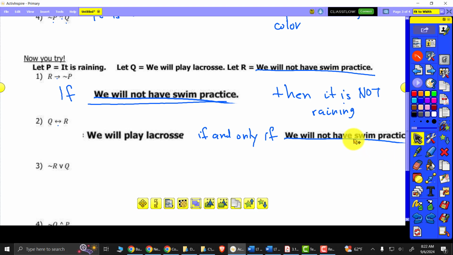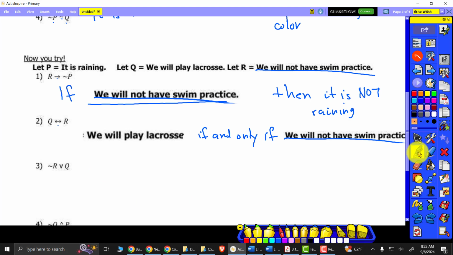All right. Go ahead. Your turn. Number three. All right. For number three, it says not R. I need to negate my R. Now remember, this is we will not have swim practice. To negate your R is like your double negative. We will not have swim practice. So it means that if you have to negate a negation, we just have to remove your not, okay?